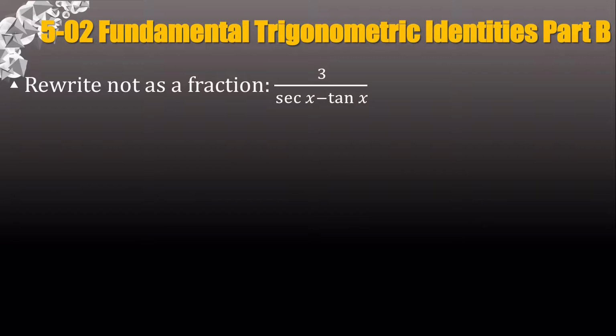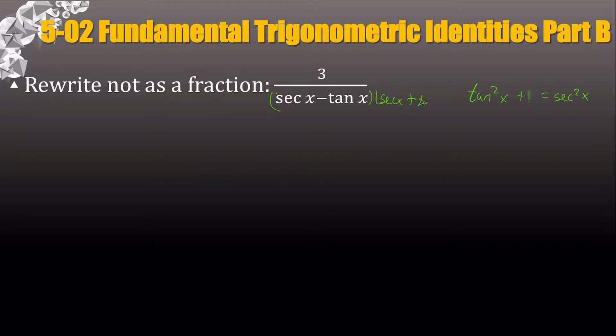All right, rewrite it not as a fraction. Well, what could we do? Well, I know there's an identity relating secant and tangent, but it's Pythagorean. It's tangent squared plus 1 equals secant squared. So I think what we're going to do is multiply by the conjugate.